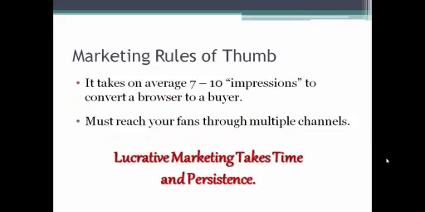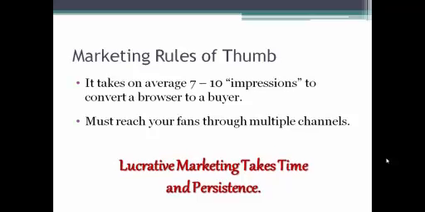And then I just want to add that lucrative marketing, meaning marketing that makes us money, that's effective in helping us sell our books, sell our speaking services, sell our coaching services, takes time and persistence. It doesn't happen overnight, and it doesn't happen with a one-time activity.